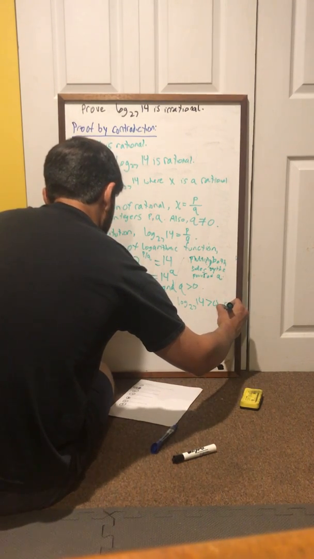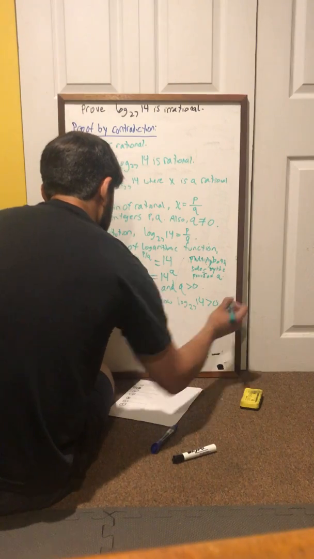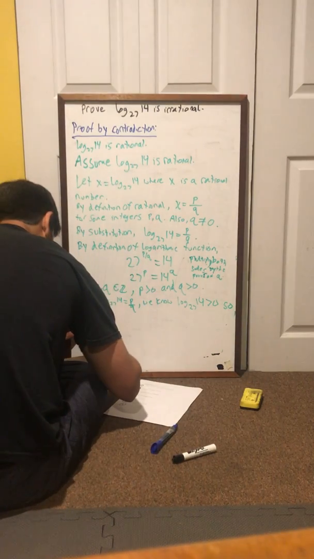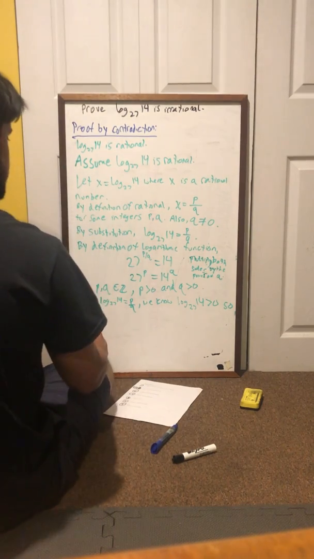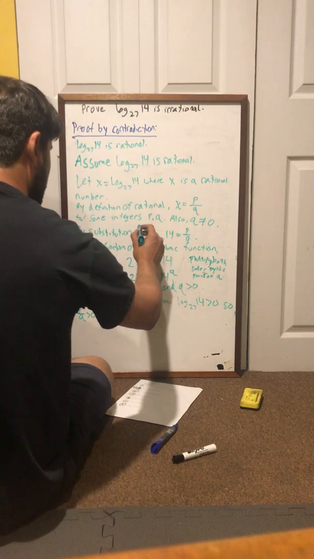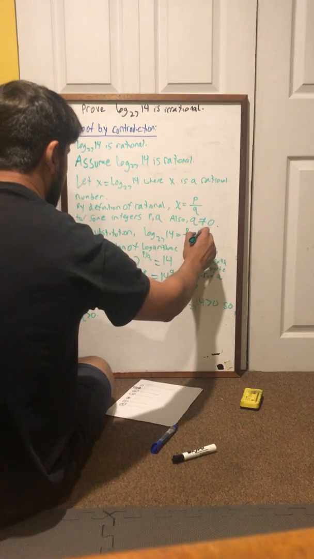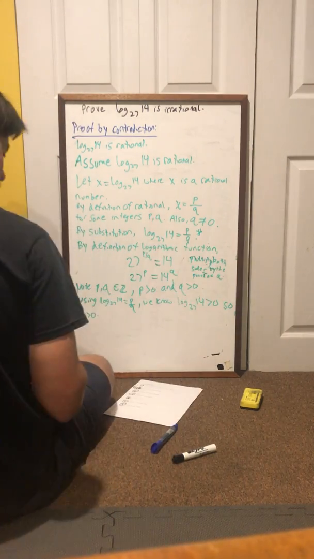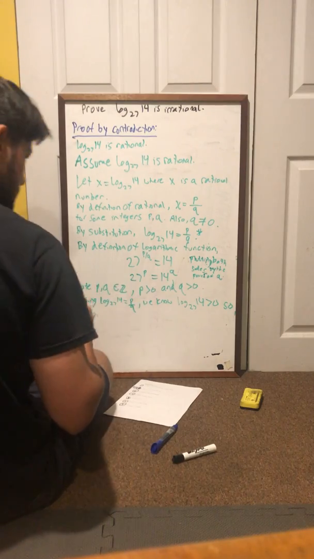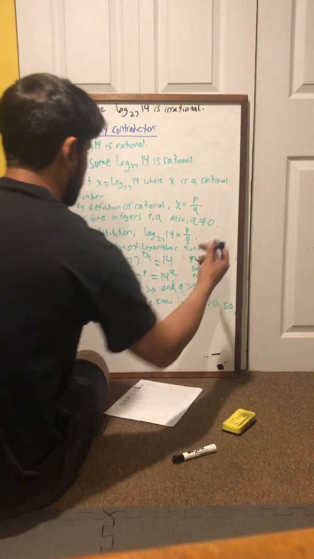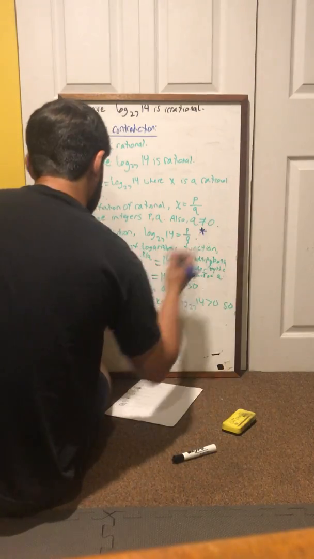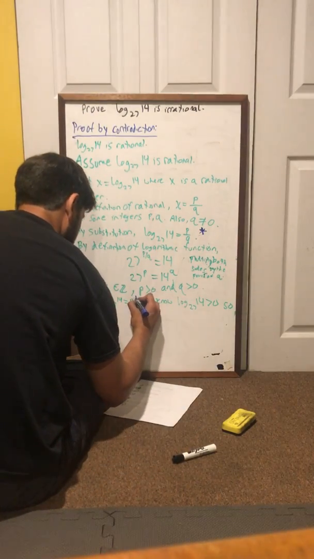So p over q is greater than 0. Using this here, we brought it down. Let's add a different color star so we know.